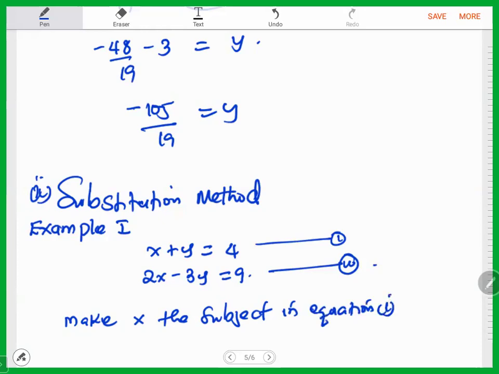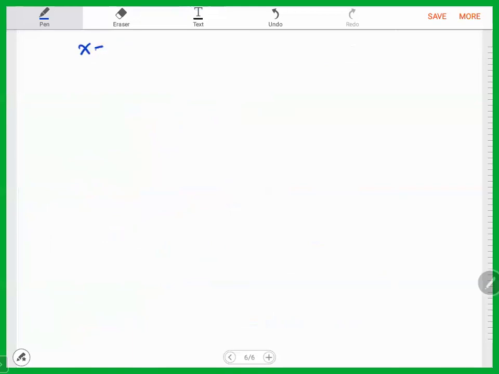But another person could start with equation 2, so depending on that, you just follow through. So x is equal to 4 minus y, because previously y was plus, and now it becomes minus. So we can call this equation number 3.